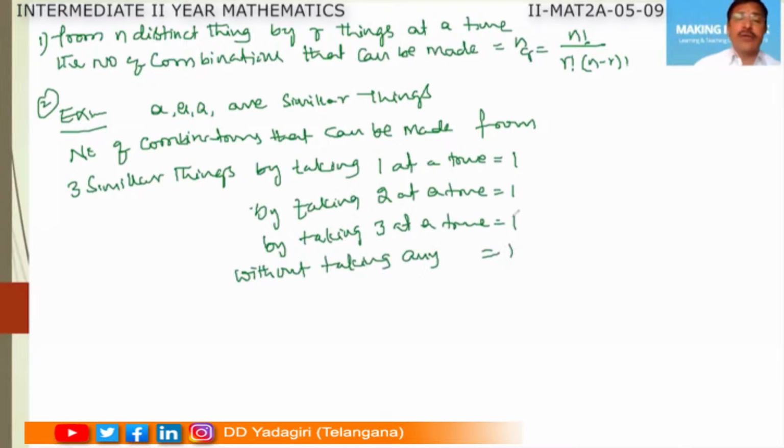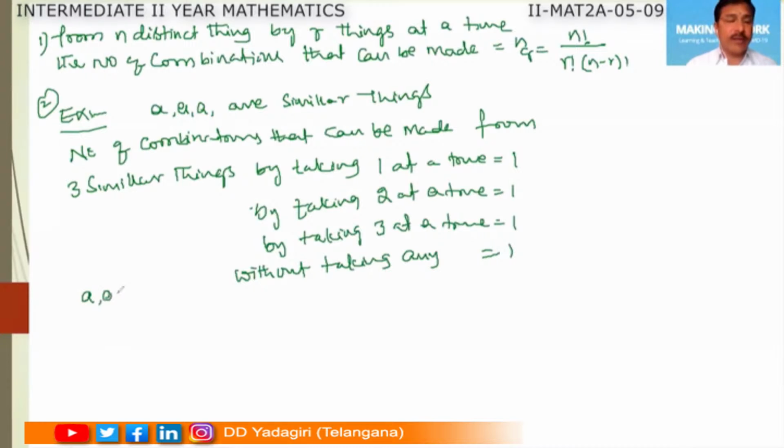That means three similar elements can be selected in how many ways? 4 ways. Without taking any, by taking one element at a time, by taking two elements at a time, by taking three elements at a time. That means one element can be chosen in 2 ways, without taking and by taking.